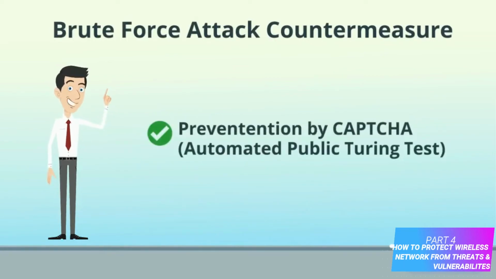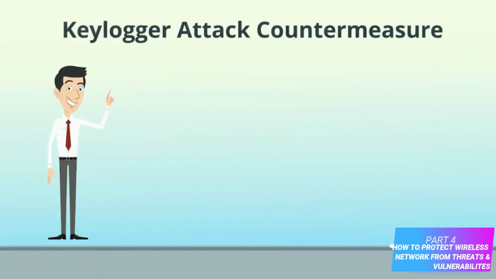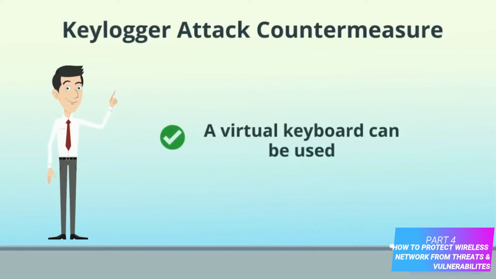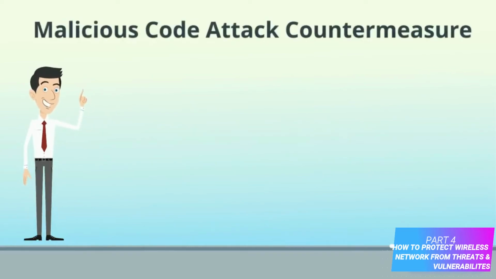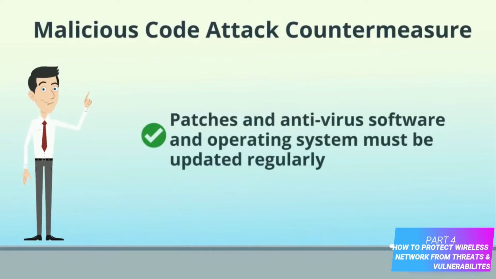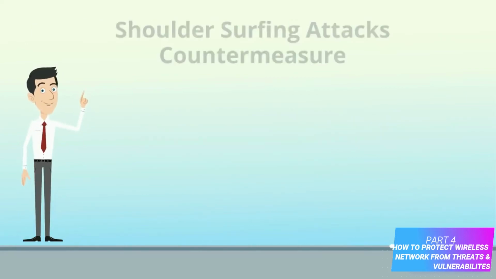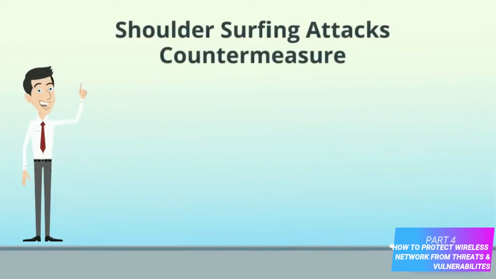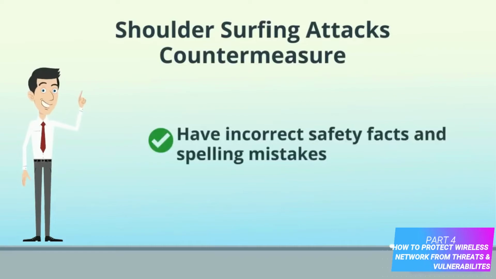Prevention by CAPTCHA, Completely Automated Public Turing test. Keylogger attack countermeasure. A virtual keyboard can be used. Malicious code attack countermeasure. Patches, antivirus software and the operating system must be updated regularly. Shoulder surfing attacks countermeasure. Have incorrect safety facts and spelling mistakes.